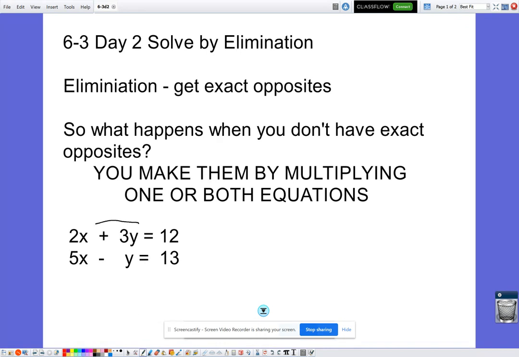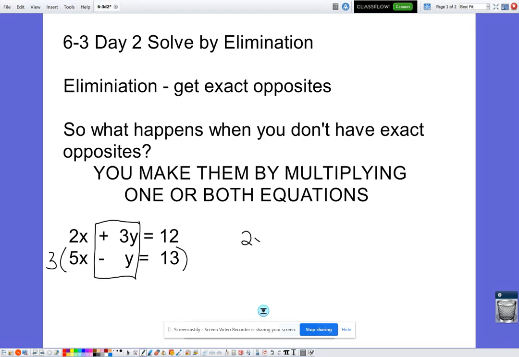So I don't have to worry about multiplying by a negative number. I can just multiply by a single number. And sometimes you're only going to have to multiply one equation by it. So if we look at the y variable and look at those numbers out in front, 3 and -1, in order to get exact opposites, I would want to multiply this bottom equation by 3.